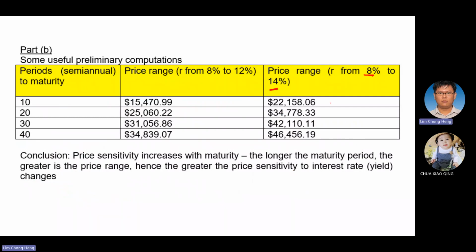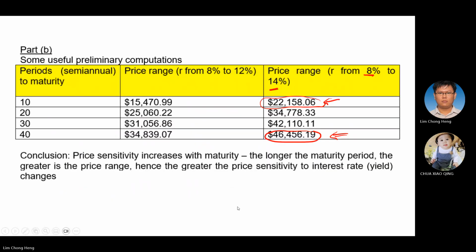So you see, for the long-term bond, the change is bigger compared with the short-term bond. The fluctuation is larger than the short-term bond. So this is the interest rate effect. I just want to show you the interest rate effect. Okay, simple, this kind of thing.